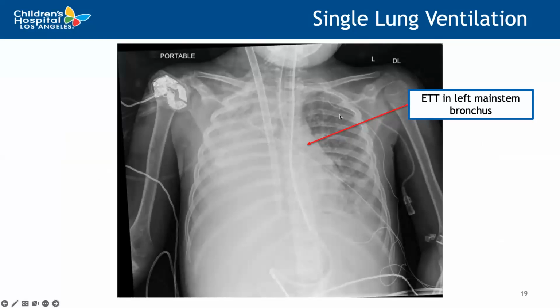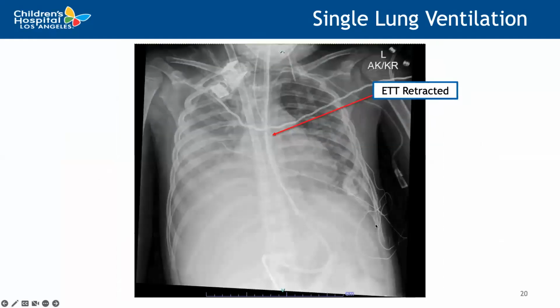Over time, we can see that he now had resolution of the left-sided air leak with removal of the chest tube. And over the course of his several-week VV ECMO run, the endotracheal tube was slowly retracted, allowing for more ventilation going to the right lung. As you can see, he's already starting to have some re-recruitment of his lung parenchyma and resolution of those pneumatoceles.